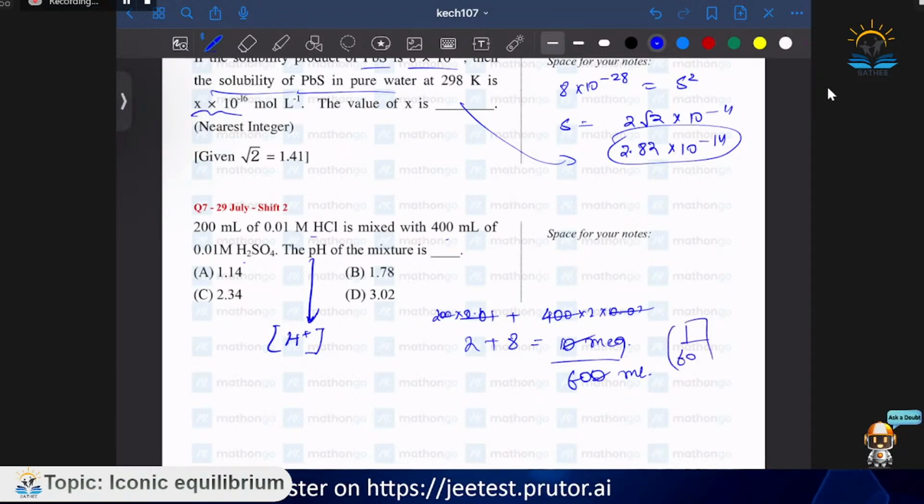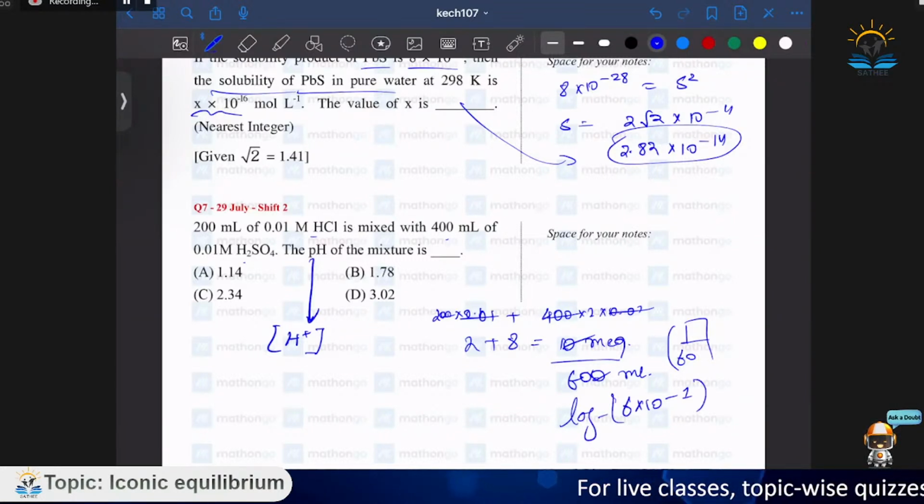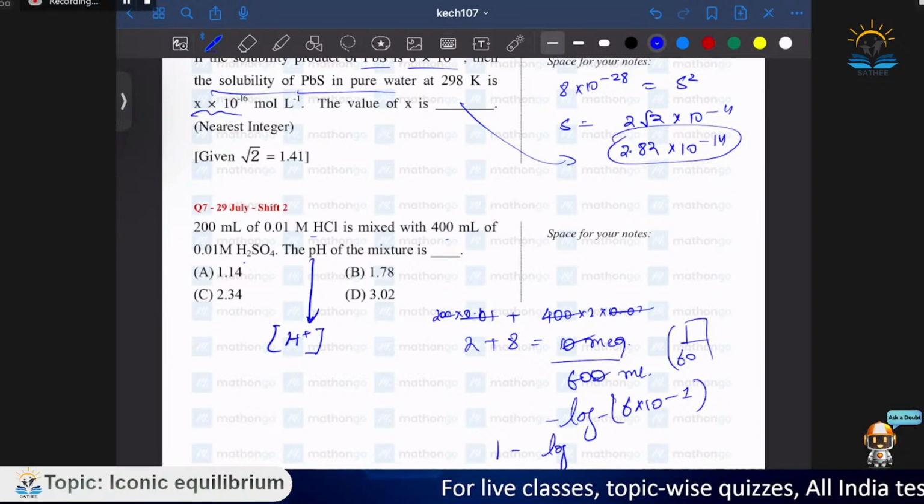This is the concentration of H plus, and you can write this as 6 into 10 to the power minus 1. Taking log of this, 6 into 10 to the power minus 1, you will get 1 minus log 6.